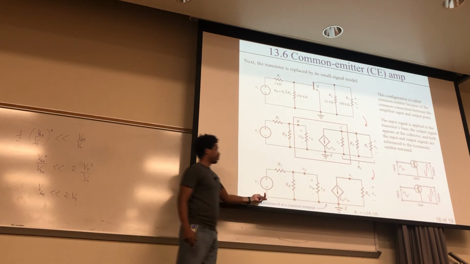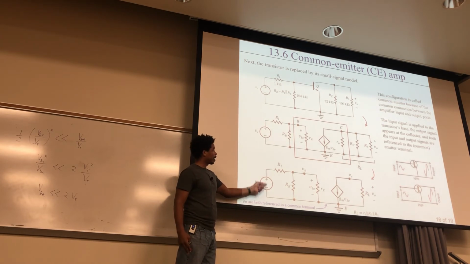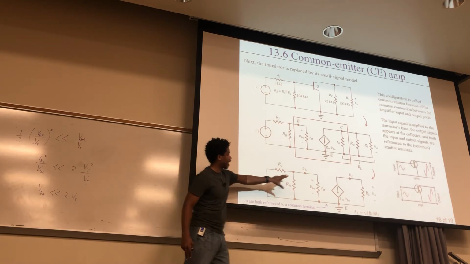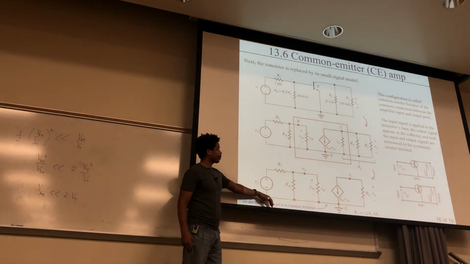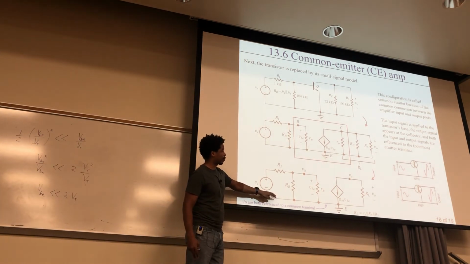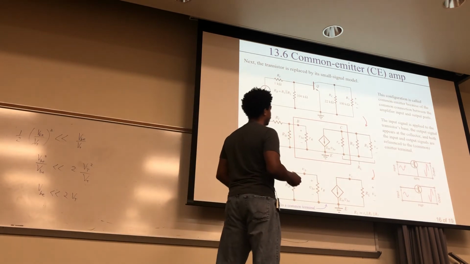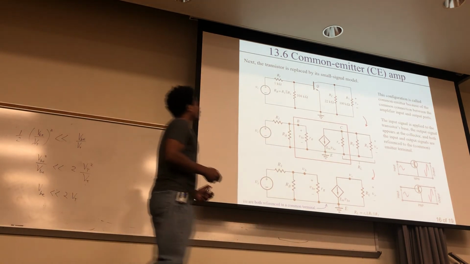Now, of course, when you put this in your circuit, this may not be the ground of your circuit. It may not be zero volts, but with respect to the voltage right here across the input and output, it is common. Okay. So that's what really matters. So that's where that name comes from. Okay. Here's a simplified picture of that, how they're sharing the common reference point in both cases.